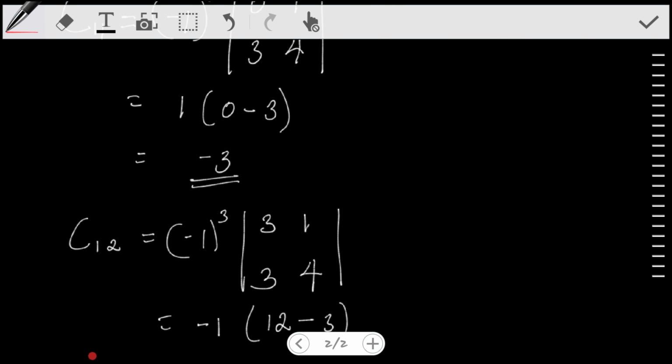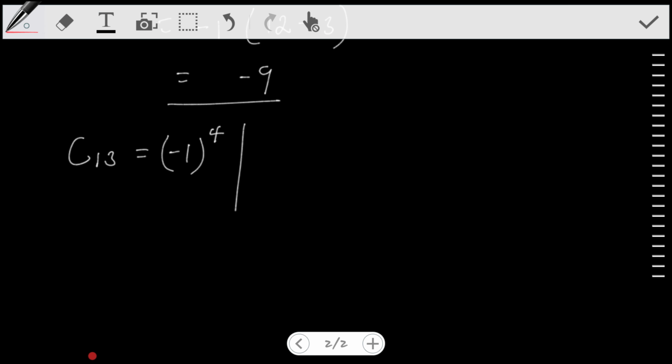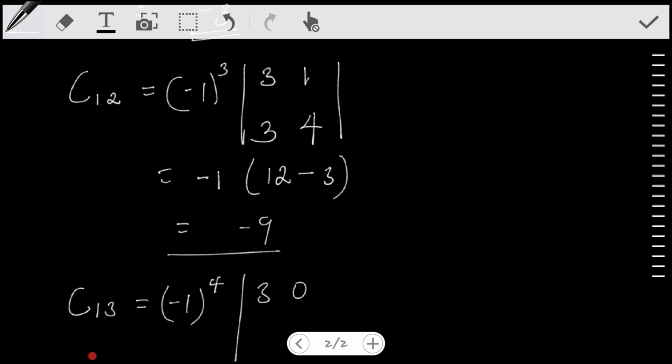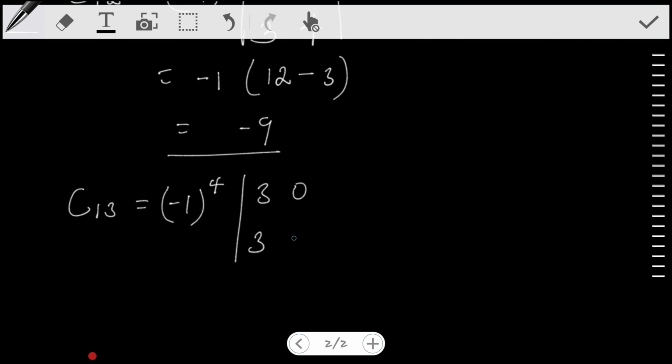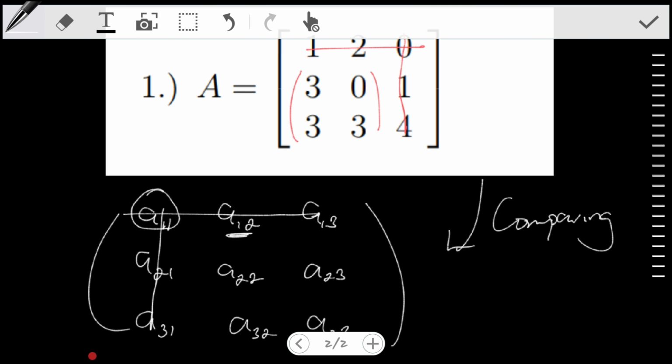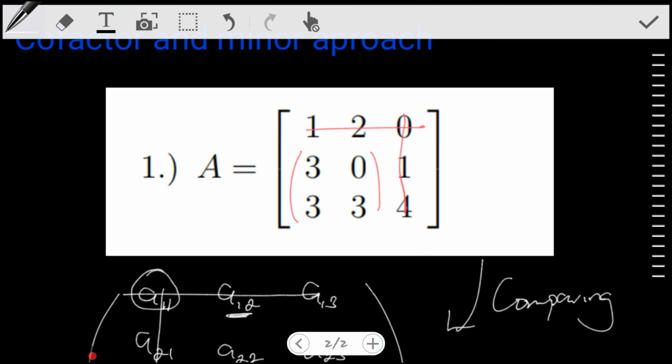So we're having 3, 0. After having 3, 0, we are also having 3, 3. Now let's get the cofactor. So this is going to be 1 into 3 times 3, we are getting 9, minus 0. Close that. So we are going to have here 9, of course, which is the cofactor in this position of, let's say, A1,3, right?